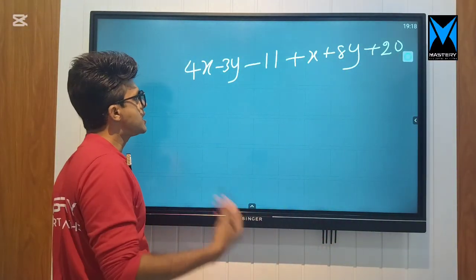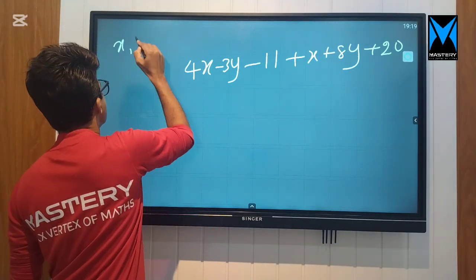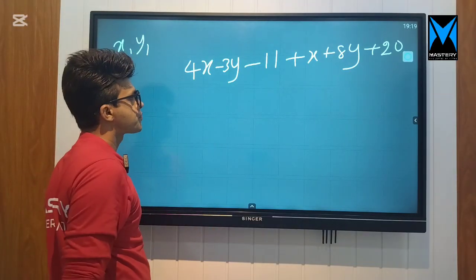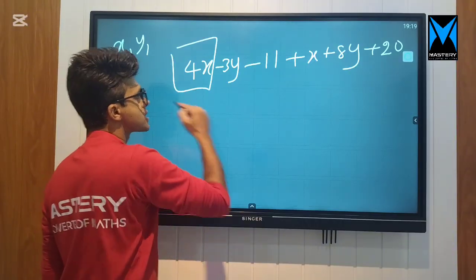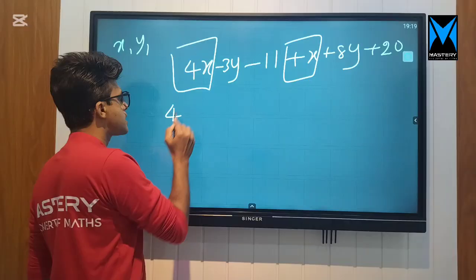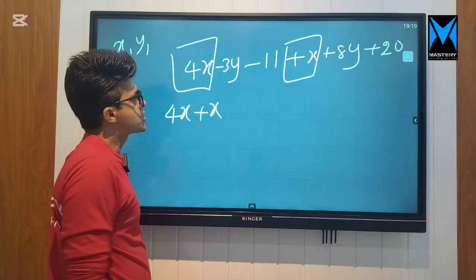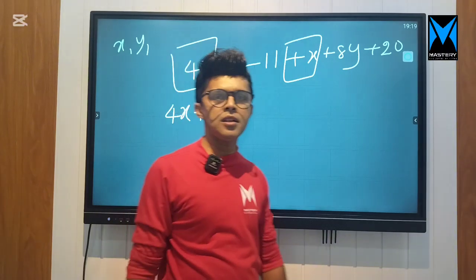Here you could see three types of terms: x term, y term, and the digits. So 4x and plus x can be written first here. After that, here you could see minus 3y plus 8y.